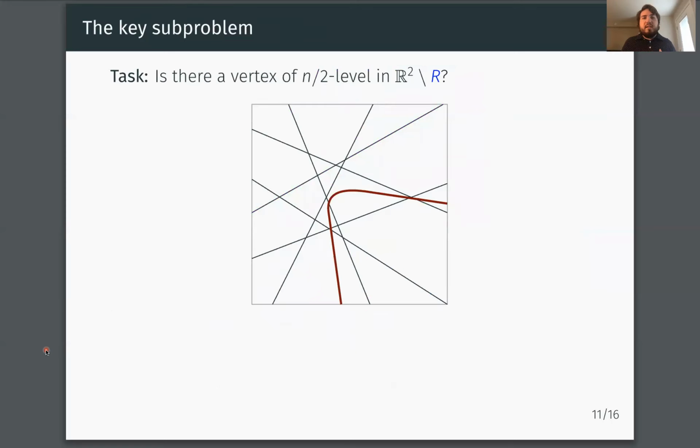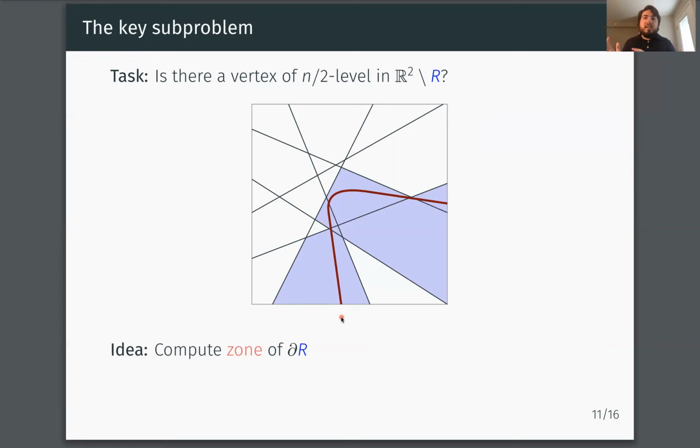So our task is to decide: is there a vertex of the n over 2 level outside this region R? In this picture I'm just focusing on the region below the hyperbola, but the same procedure works for deciding if there's a vertex of the n over 2 level above the hyperbola. So what is the algorithm? It's very simple. First, we compute the zone of the boundary of R, which is this red curve.